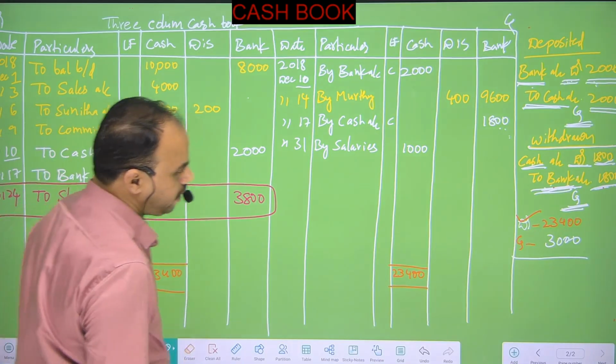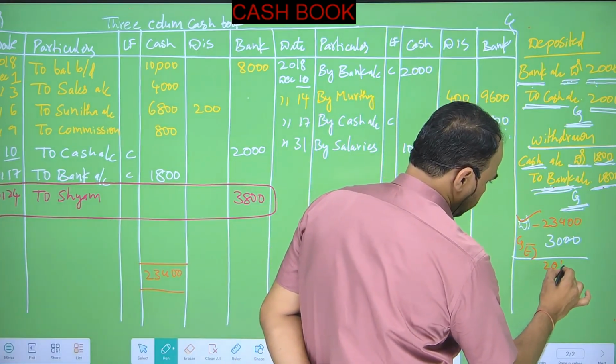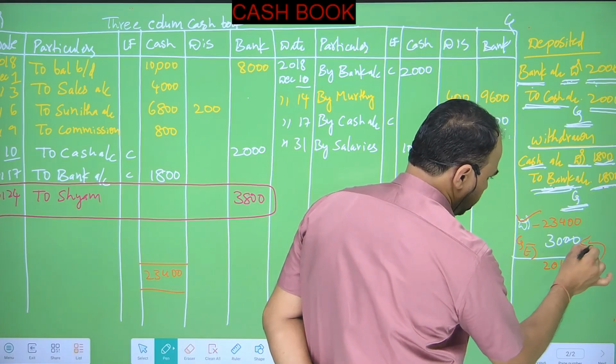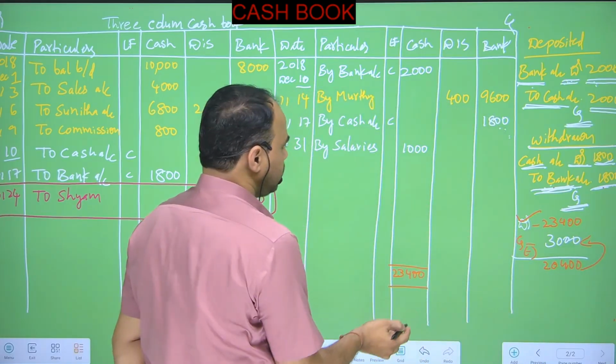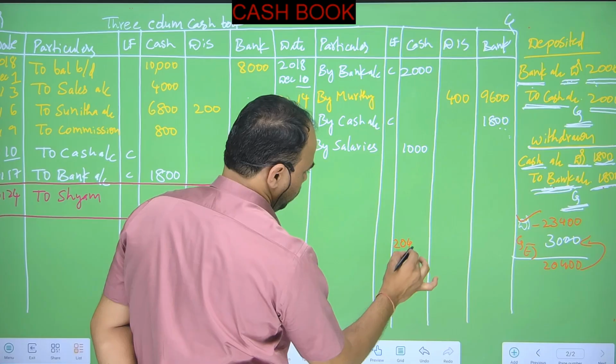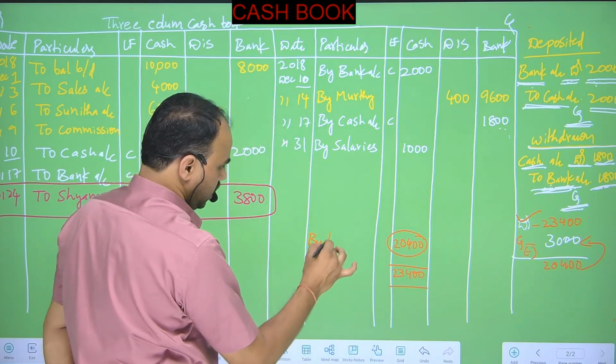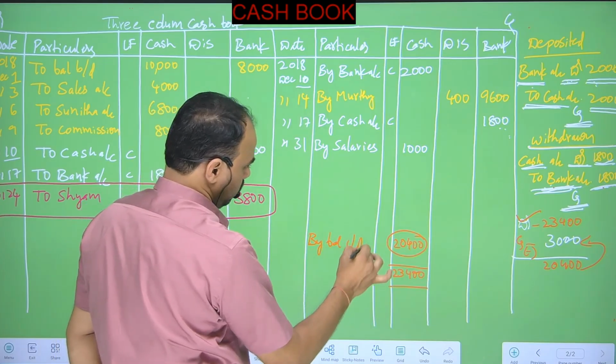Now subtract the small amount from the big amount and we will get 20,400. Which side do we write it on? Between debit and credit, credit is the smaller amount. So on the credit side cash column we write 20,400. This is called closing balance, balance carried down.